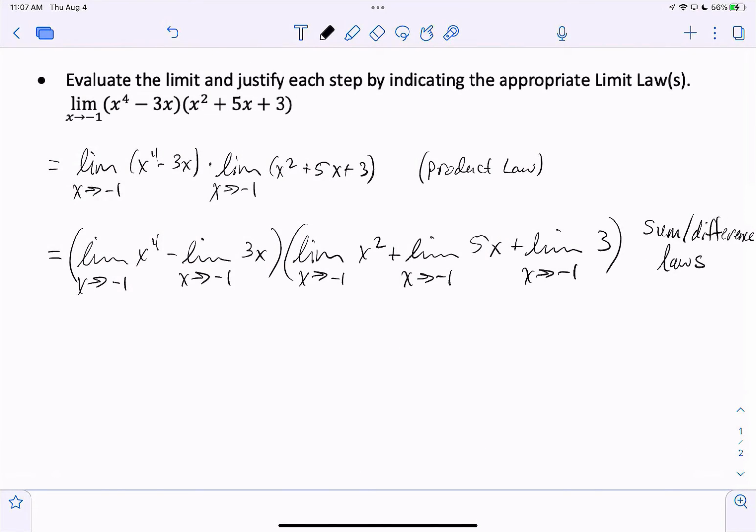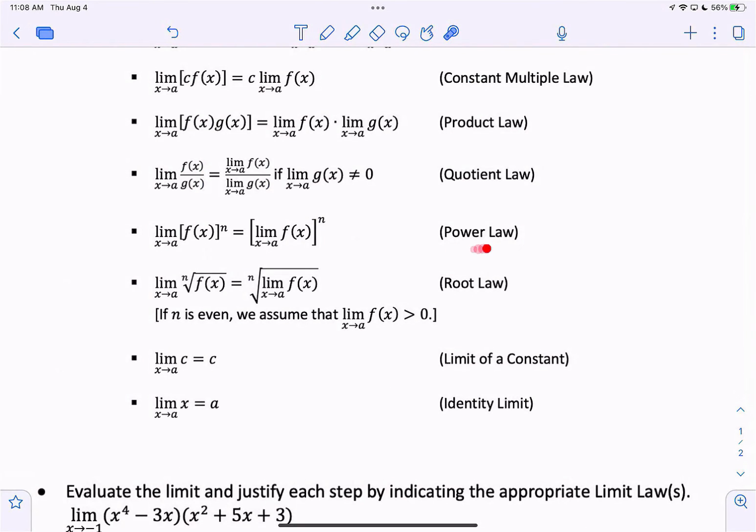Some textbooks number these, limit law number 1, limit law number 2, and so on. If that's the case and you're doing homework for me, then you would identify limit law number 3, or limit laws number 1 and 2. Now, when I have the limit as x approaches negative 1 of x to the fourth, that's the same thing as negative 1 to the fourth power because of a power law.